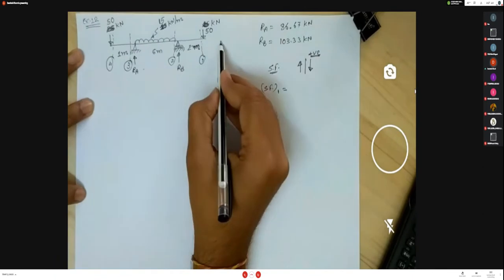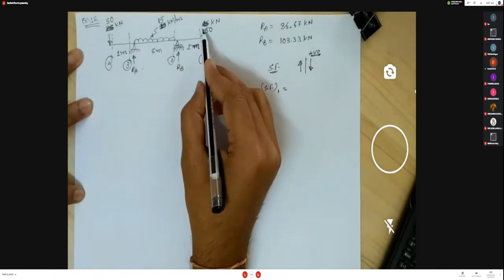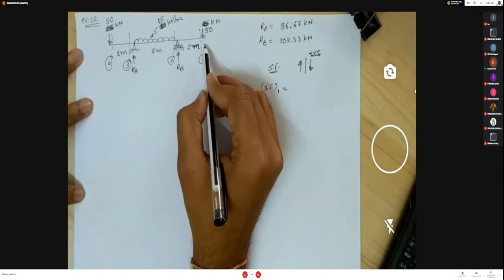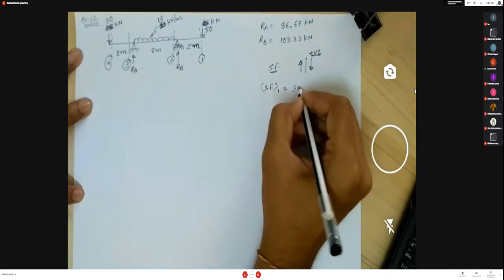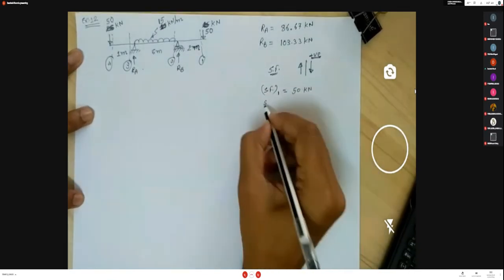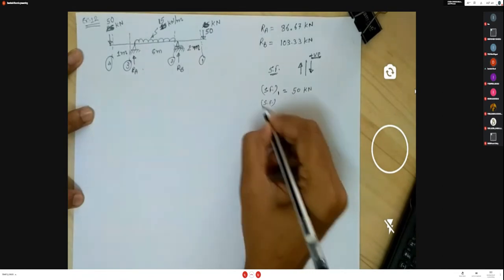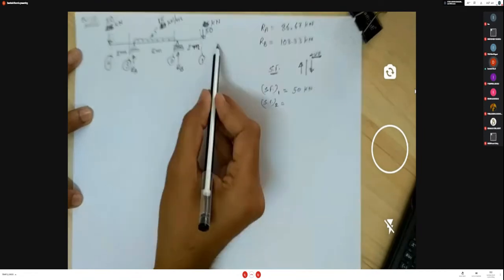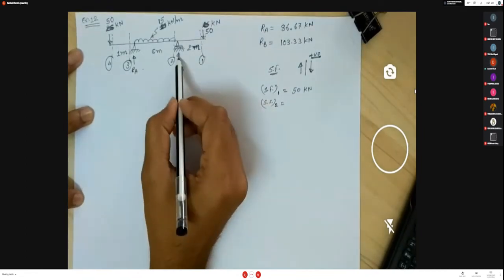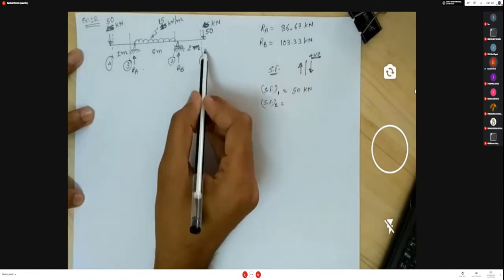So shear force value at section 1. Now consider the right hand side portion. So only one point load 50 kilonewton downward, and right hand side sign convention downward positive. So here 50 kilonewton. Shear force at point 2: if you consider the right hand side portion, one support reaction upward and point load downward.